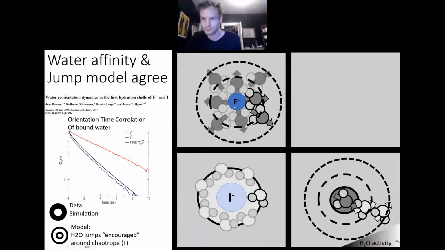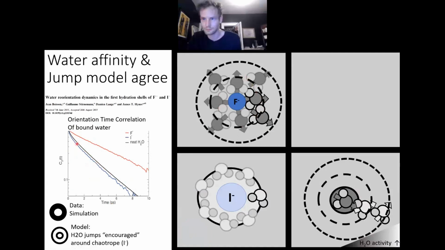And then when they look at the orientation or time correlation of bound water, for neat water, the more time that goes on, the less correlated the nearby waters are with each other. In fluoride, as time goes on, these waters are very coordinated with each other, indicating a very strong hydration shell. And in the case of iodide, it's actually lower.